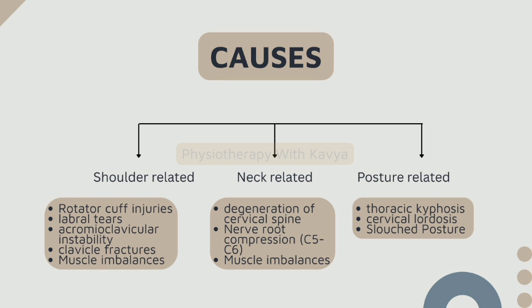Shoulder related causes can be rotator cuff injuries, labral tears, acromioclavicular instability, clavicle fractures, muscle imbalances around the shoulder. Neck related could be degeneration of the cervical spine, nerve root compression at the level of C5, C6, again muscle imbalances related to the neck. Posture related could be thoracic kyphosis, cervical lordosis, slouched posture.